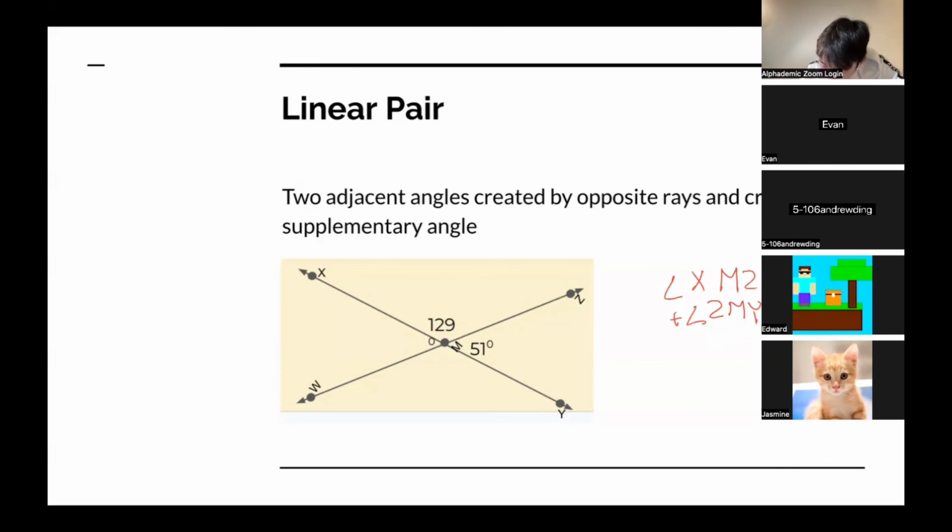Again, you can write it as XMZ or ZMX. They both mean the same thing, and vice versa. For this one, you can also say YMZ. Either one works fine for angles. Just make sure that M is in the middle because it is the middle point.